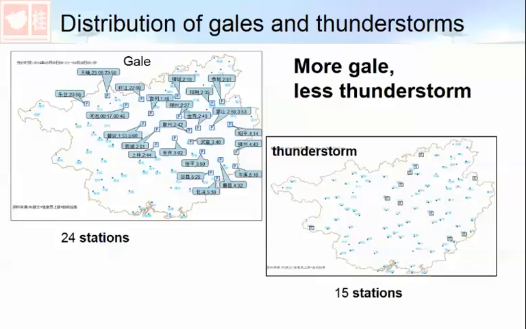It affected northwest Guangxi first, and then southeast Guangxi, and northeast Guangxi was its main affected area. A part of the stations had strong wind without thunderstorm, which is because of the large pressure gradient.